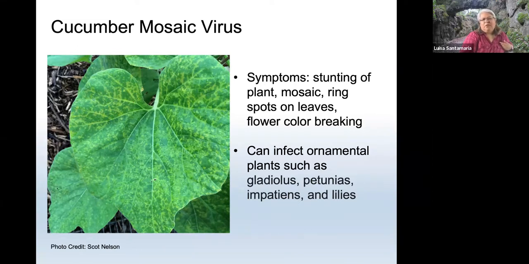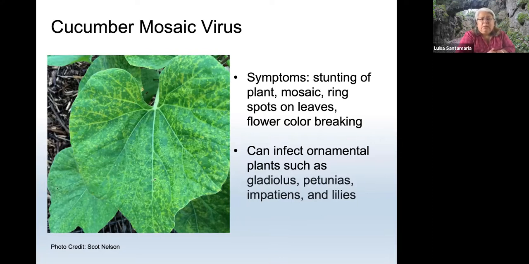Sometimes they could produce distortion of the leaves, curling, things like that. But in the case of the cucumber mosaic virus, we can find ring spots on the leaves and also flower color breaking.